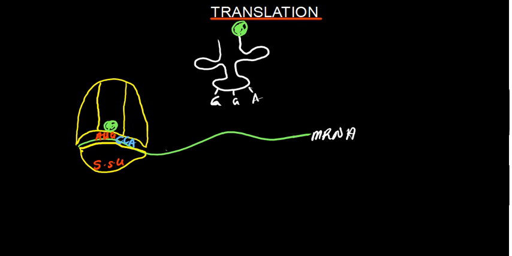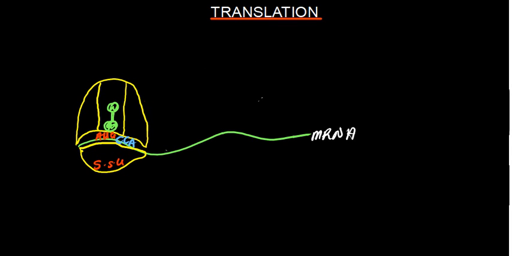Okay, we had this as our second amino acid, like that. Then this transfer RNA now is no longer here. So that transfer RNA will leave the ribosome through the exit site there, like that.